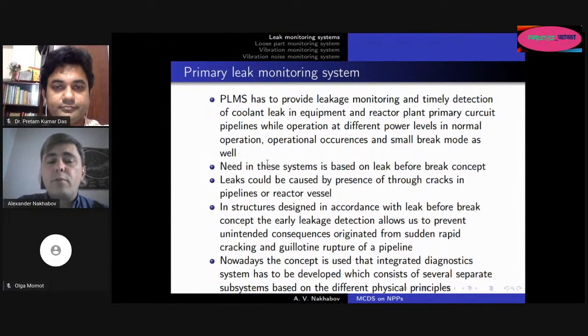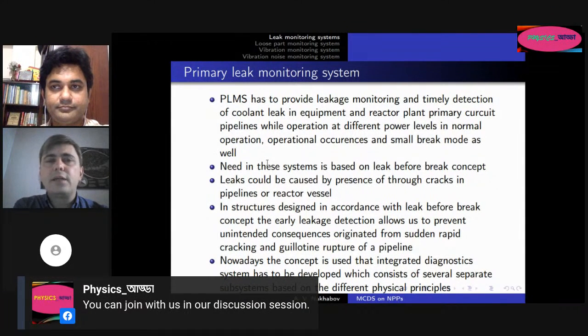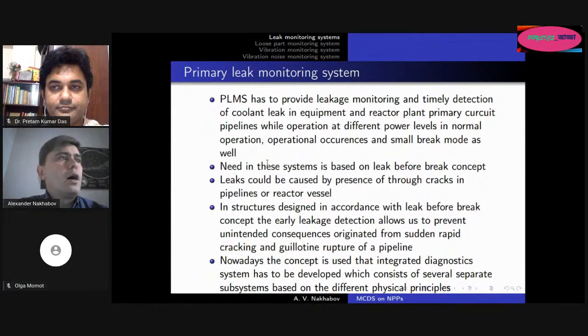We start from primary leak monitoring system. First of all, of course, every leakage from different pipelines and circuits can be some concern for us.